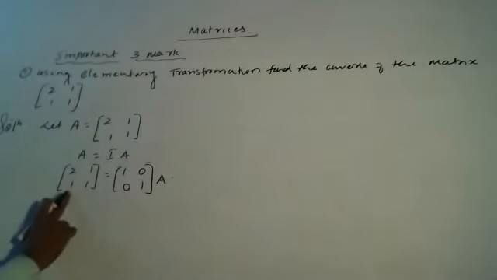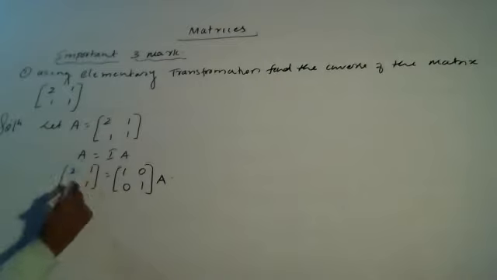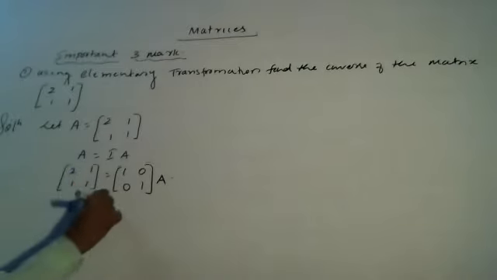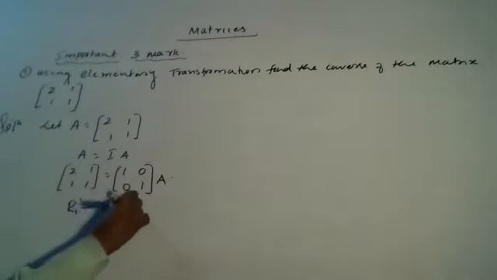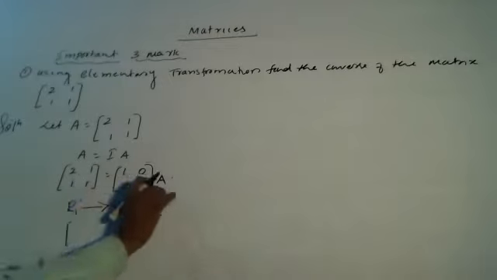Already 1 is there here, so I want to make this 1. We can do it like this: R1 changes to R1 minus R2. There is no change in R2, so we write R2 as it is.